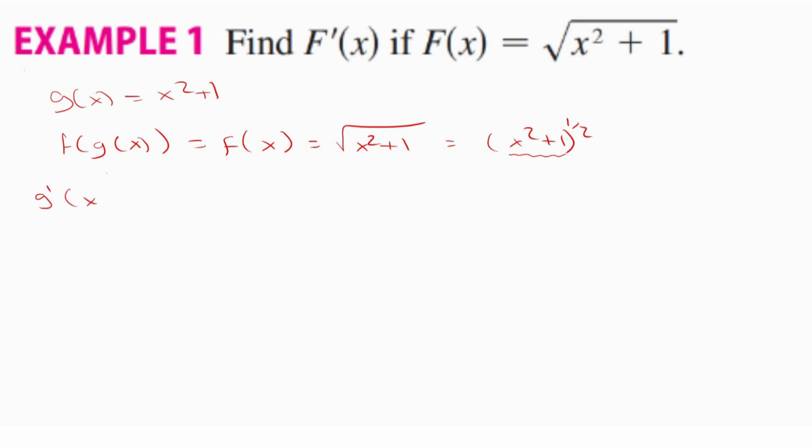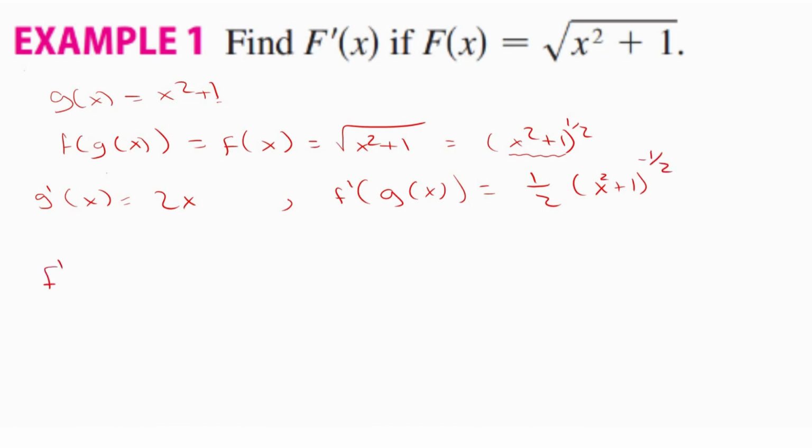So g prime of x is going to be 2x, knowing that the derivative of 1 is 0, and f prime at g of x is going to be 1 over 2 multiplied by this g of x, which is x squared plus 1, power negative 1 over 2.